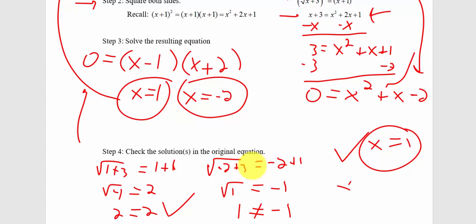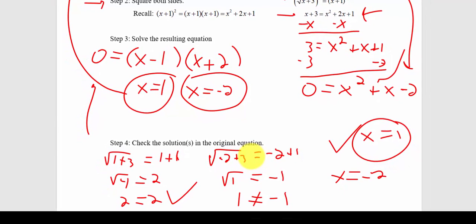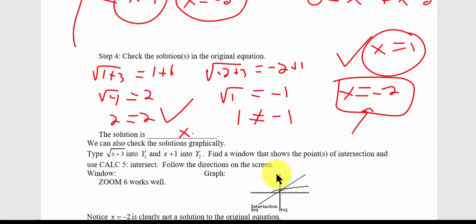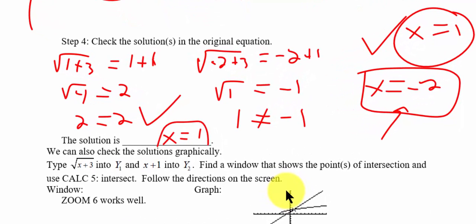So x equals negative 2 is an extraneous solution. This one is extraneous. It is not a solution to the original problem, but x equals 1 is. So I'm going to write x equals 1 as my solution.